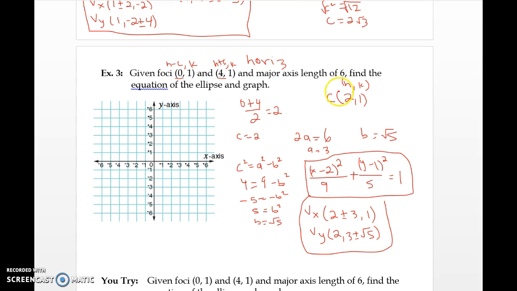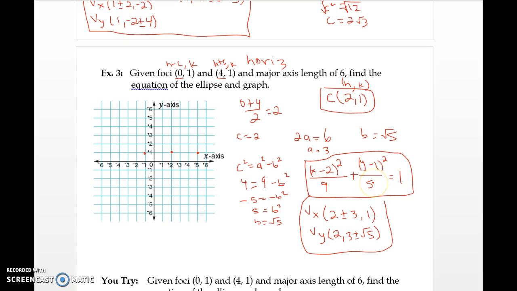So I can graph my center, which I already found, (2, 1), where x is 2 and y is positive 1. And then I'm going to go 3 left and right because the 9 is under the x and your a is 3. So to the right 3 and to the left 3.